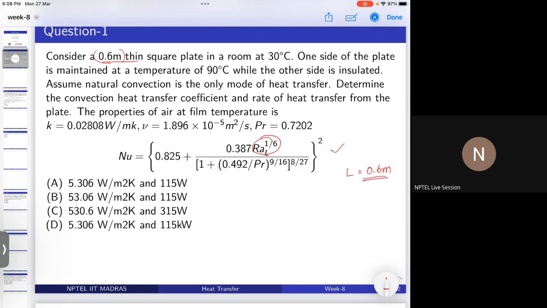What is the value of Rayleigh number you got? The Rayleigh number is Grashof number into Prandtl number. The Grashof number is g beta (Ts minus T infinity), that is delta T, L cubed divided by nu squared, into Prandtl number.